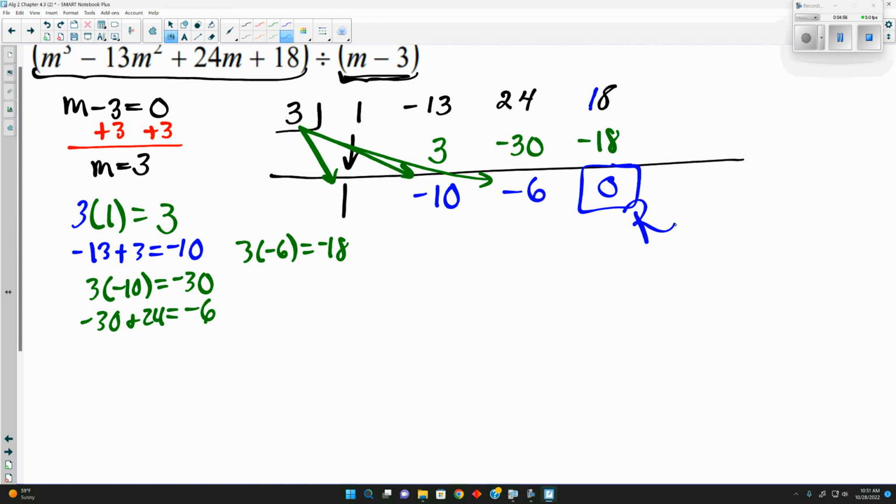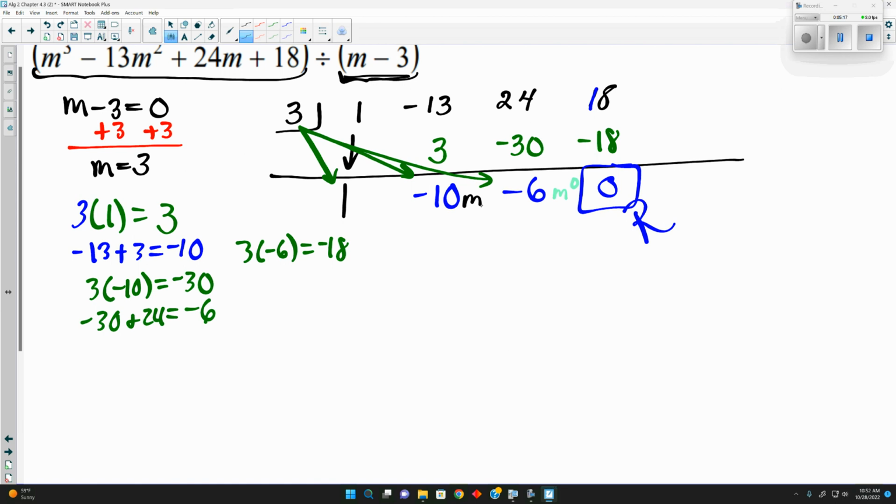Now we fill it back in. You don't have to put this in here because the first one here would be negative 6 times m to the 0. Well, anything to the 0 exponent is 1. So we really don't have a variable there. Then we increase it by 1.